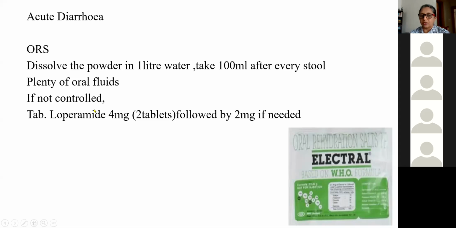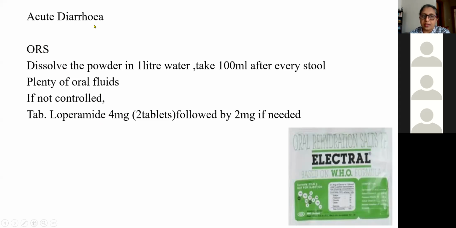But we should not give loperamide in children, and even in adults it may cause paralytic ileus. So only in very emergency cases will we give loperamide. Otherwise, we will control with only ORS and other fluids. If needed, we can give IV fluids also.